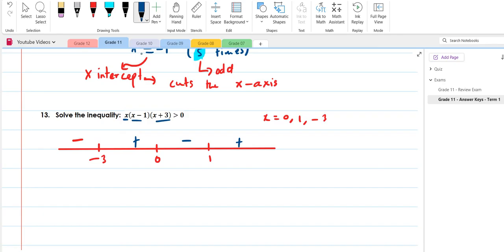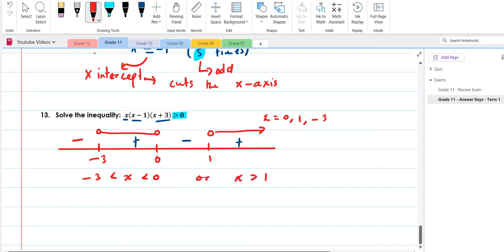And the answer that we are looking for is a positive answer. So the positives are between -3 and 0 and greater than 1. So this is the number line solution. Writing it as an inequality, x is greater than -3 but less than 0, or x is greater than 1.